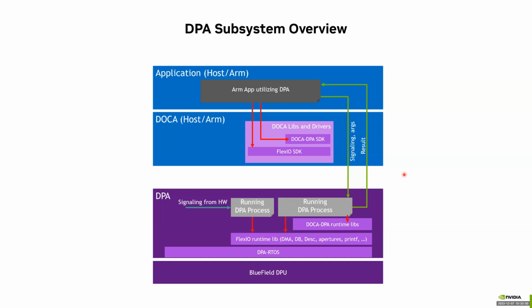And then basically the application can utilize the Docker libraries, either Docker DPA to have a higher level abstraction, or directly FlexIO for a lower level abstraction, in order to implement the control plane of managing DPA processes, event handlers, and so on, and can also directly invoke DPA event handlers through RPC calls. So it can issue RPC calls, trigger the event handler or the DPA function, and then get back a result.